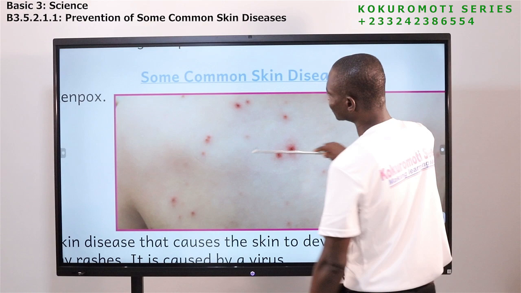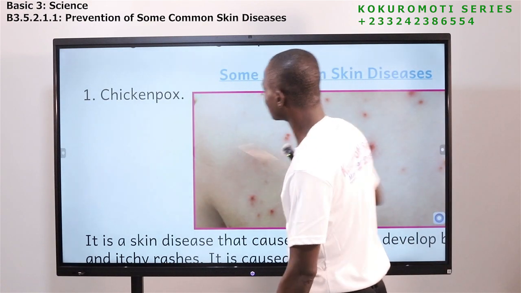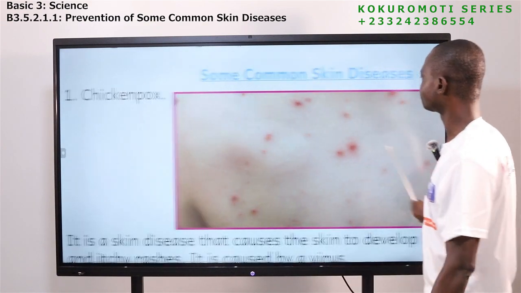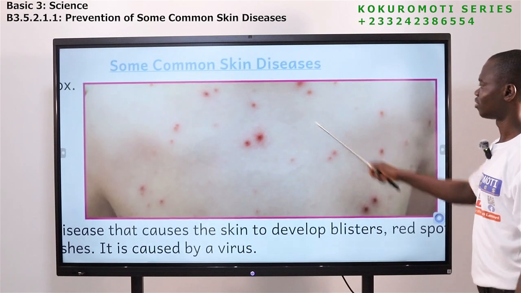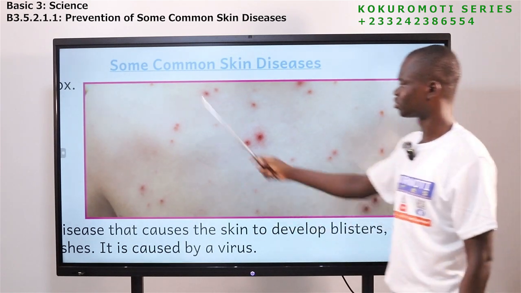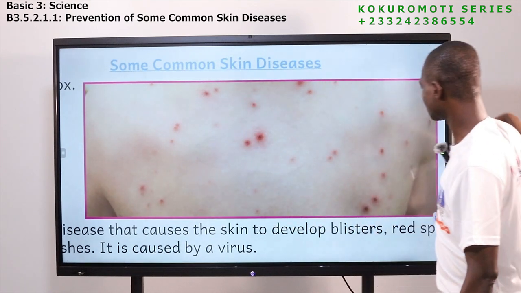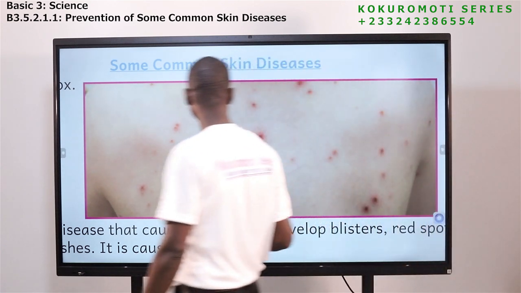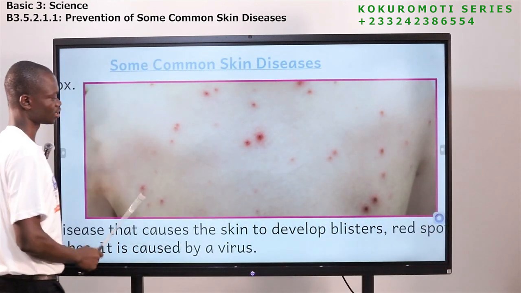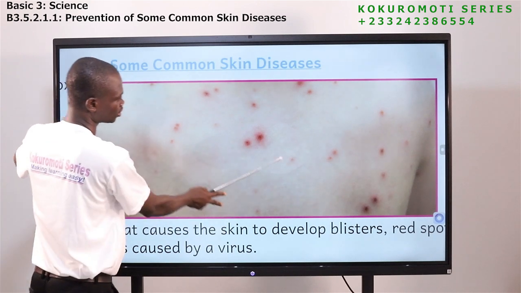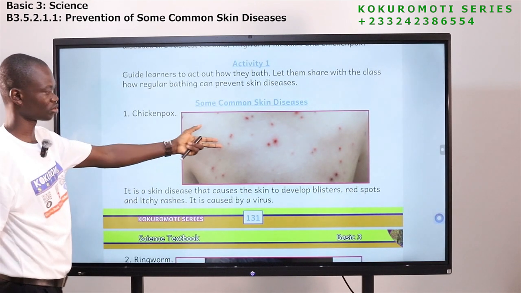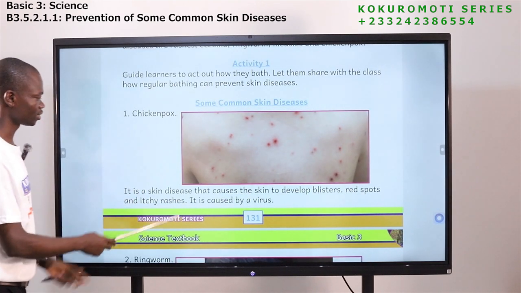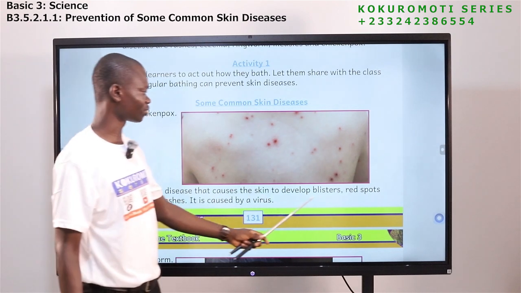Now let's look at some common skin diseases. We mentioned what? Chickenpox. This is chickenpox, and this is how it looks. Have you seen it? This is the skin on the back of a person. Have you seen all these? These are the chickenpox. You see? It is a skin disease that causes the skin to develop what?